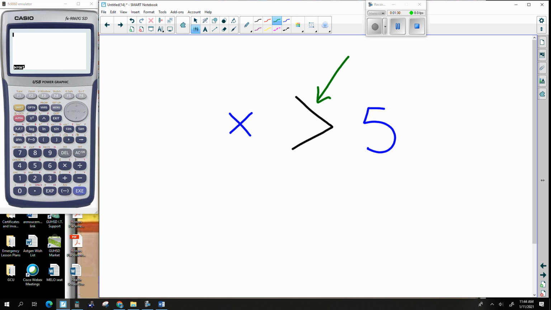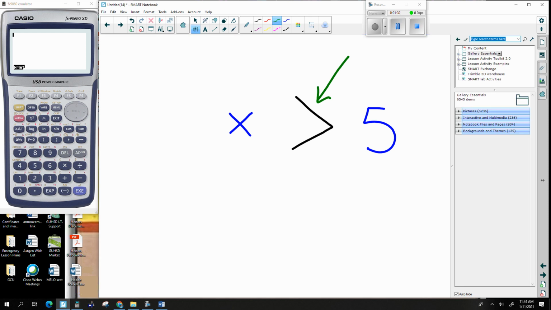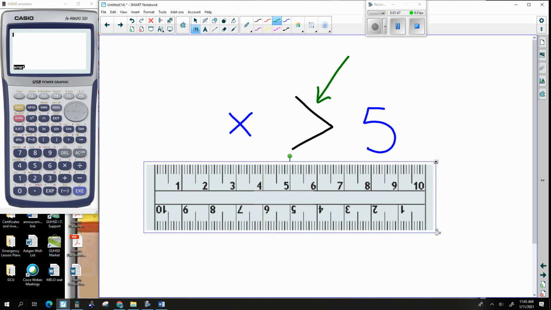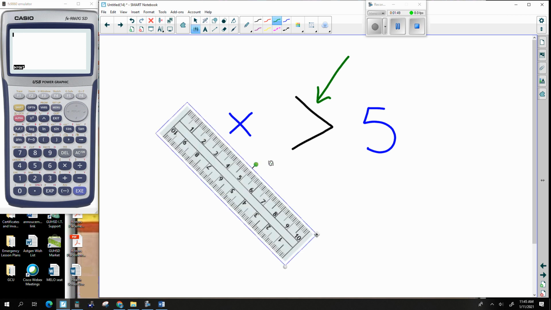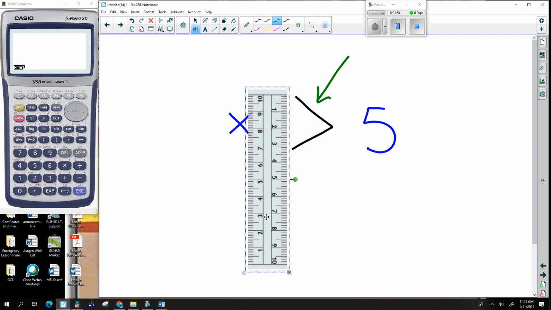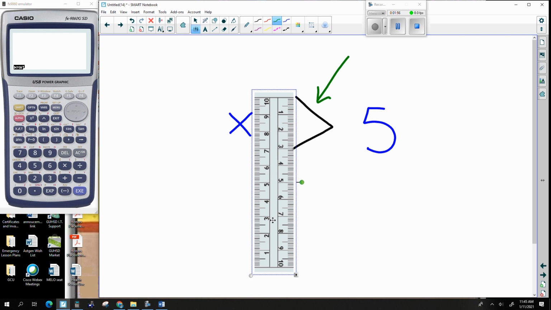I'm going to bring up another graphic here. What I want you to think about is literally a measurement of something, like a ruler. Let's bring in a ruler. If I am measuring, notice that the measurement on this left-hand side is 3.